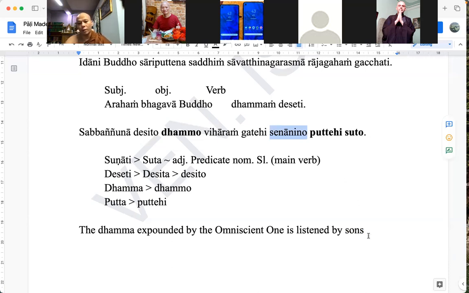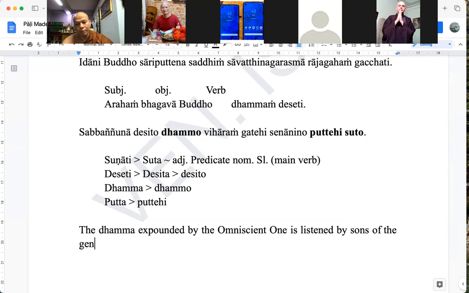Senani no: sense of the general. Now Bodhi is modified with the genitive case word. Senani no Bodhi, sense of the general.